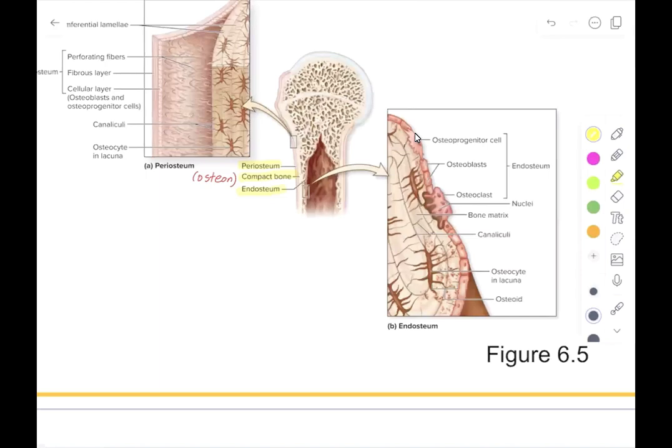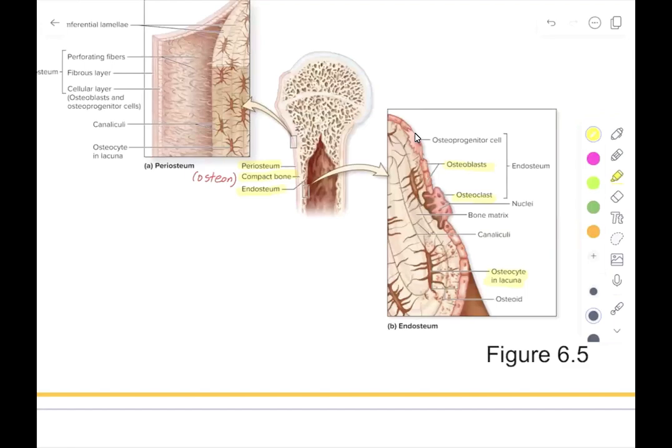There are osteons, and within the osteon are osteocytes, which are mature bone cells, which are in spaces called lacunae. And there are also osteoblasts, which are bone building cells.